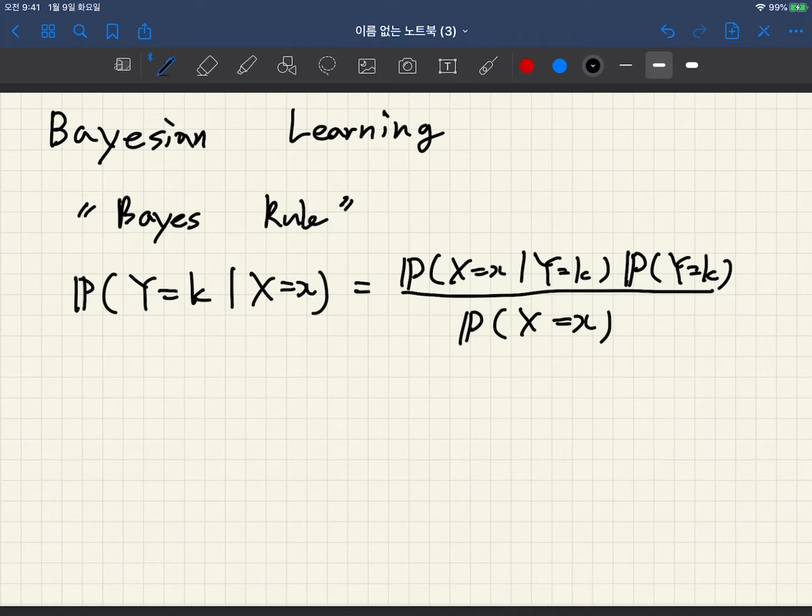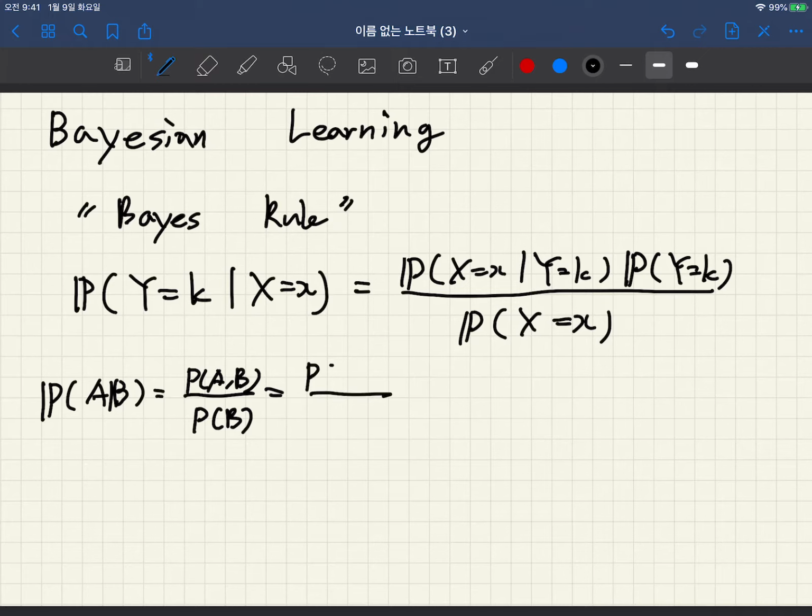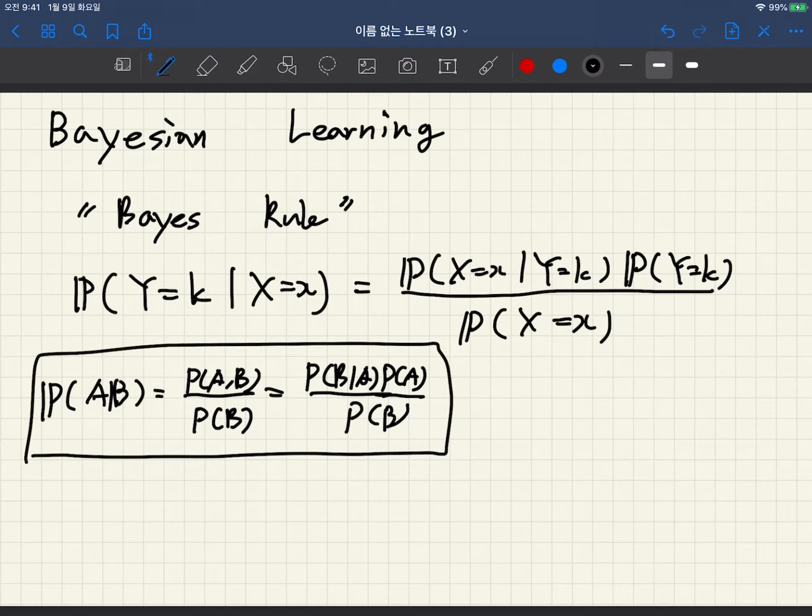Okay, essentially the probability of a given b is equal to probability of a and b over probability b, which is equal to probability b given a times probability a over probability b. This is Bayes' rule. And for the classification task, we can write Bayes' rule in this way.